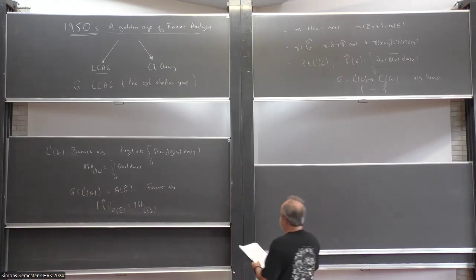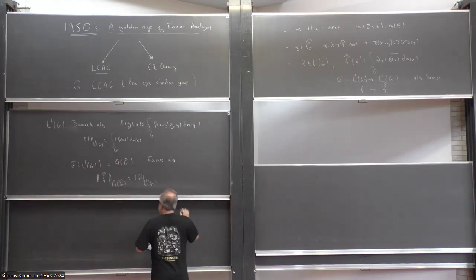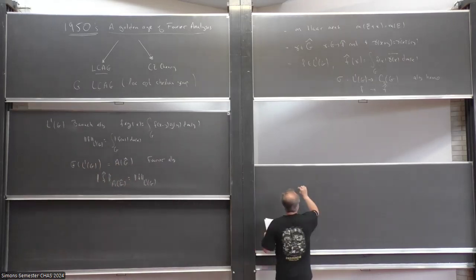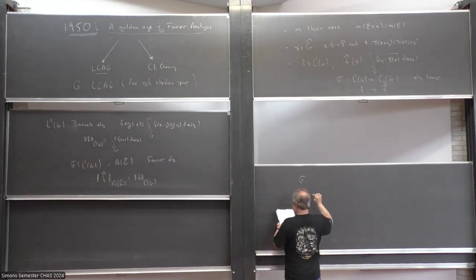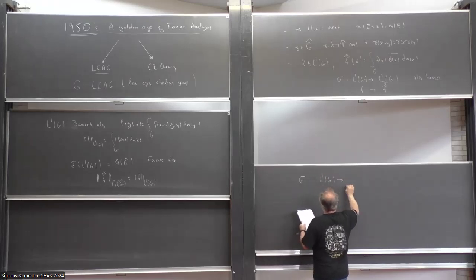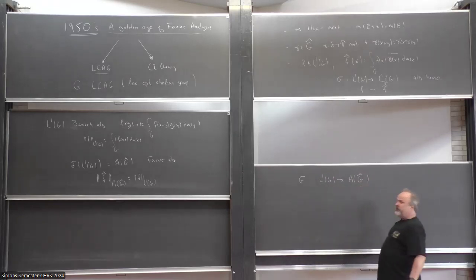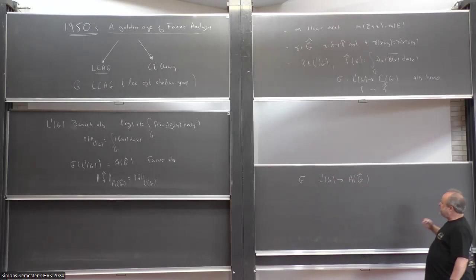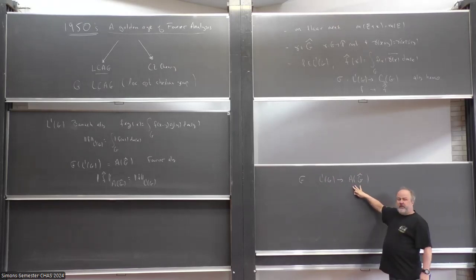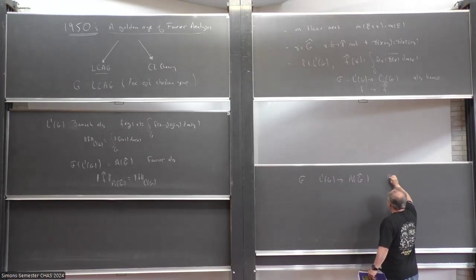If I want to rethink this Fourier transform, I have this mapping taking integrable functions on my locally compact abelian group, and by taking the Fourier transform, it gives me certain continuous functions on the dual group. It is a homomorphism.